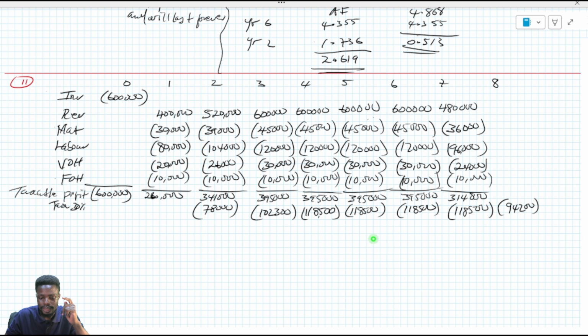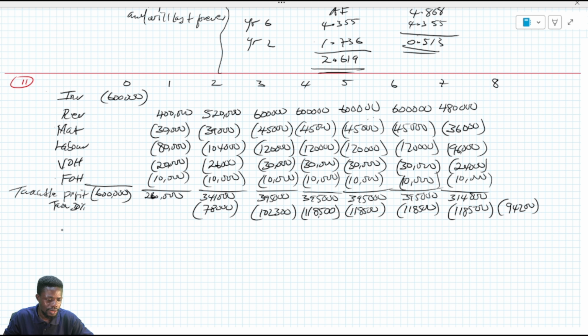So you would not be able to reflect them here. This entire one will be shifted to the seventh year. You understand? It will be shifted to the seventh year, and these ones will not be reflected. Only this one will be reflected here, and that will not be good. So because of that, you have to put them separately.